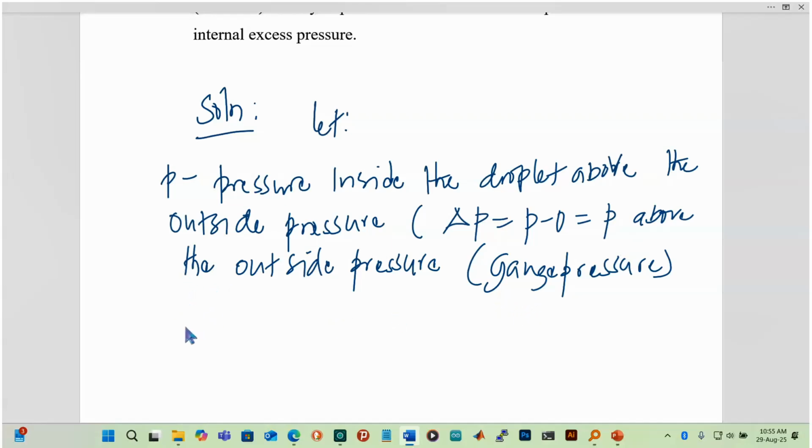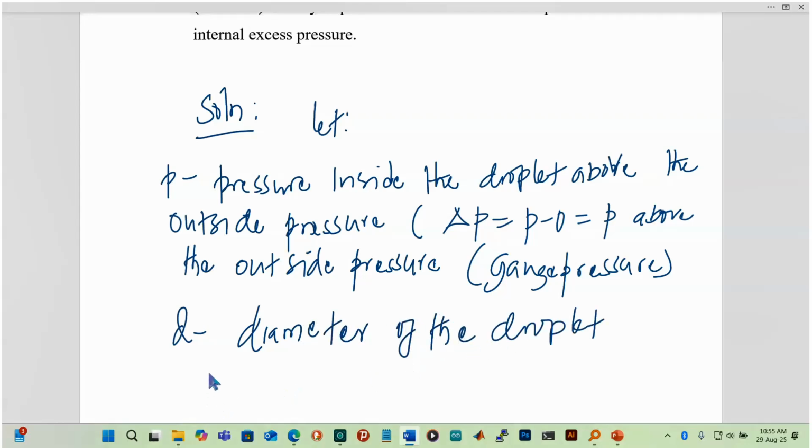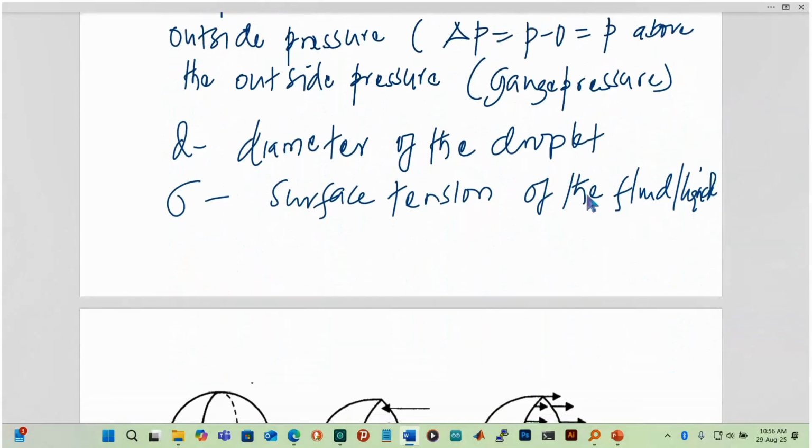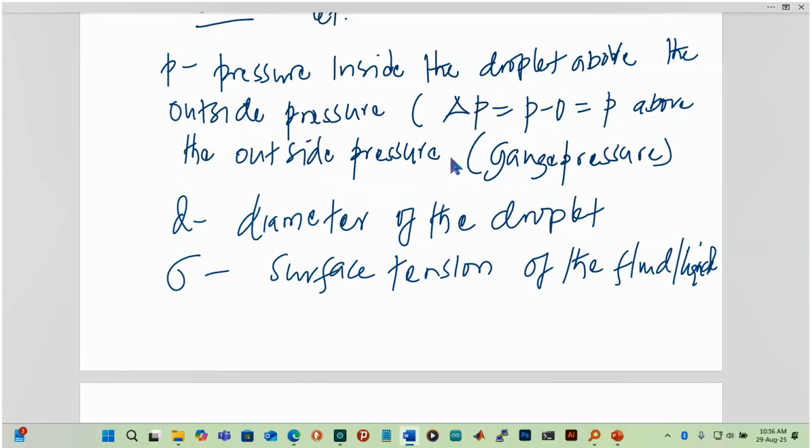Next, we are also going to let D be the diameter of the droplet, and sigma be the surface tension of the fluid, or liquid. Since we are dealing with a water droplet, the fluid involved is liquid water.